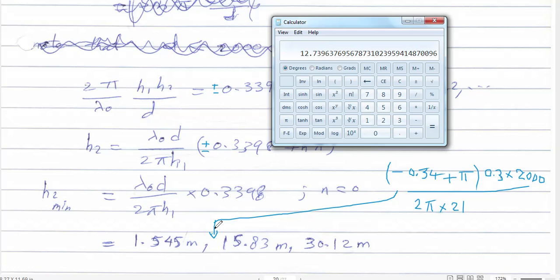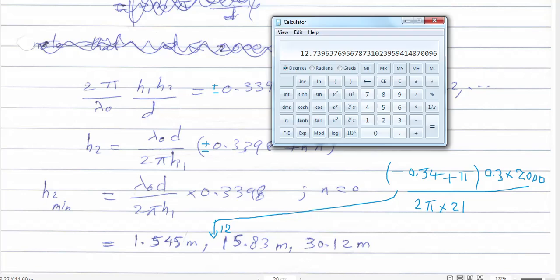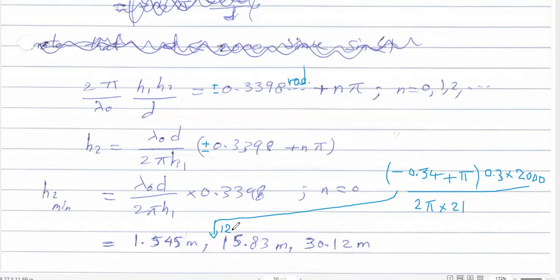Here we will have an answer. Here it should be 12.74. The three lowest heights of the receiver are 1.545 meters, 12.74 meters, and 15.83 meters.